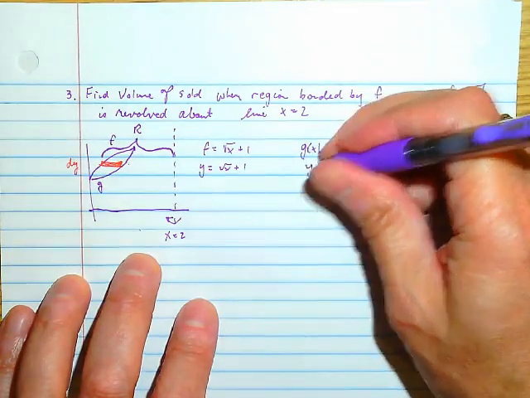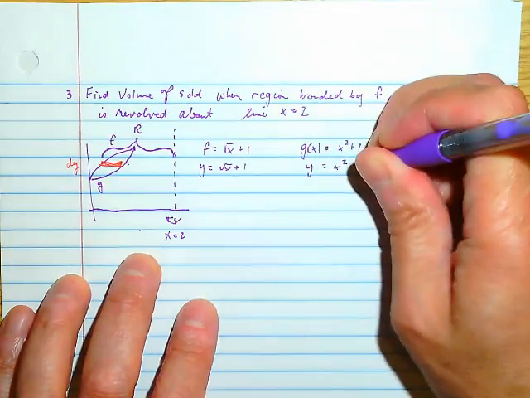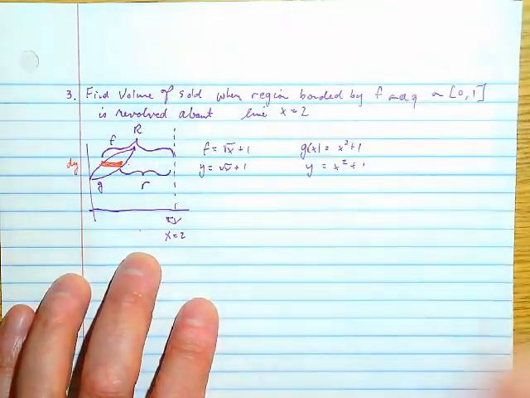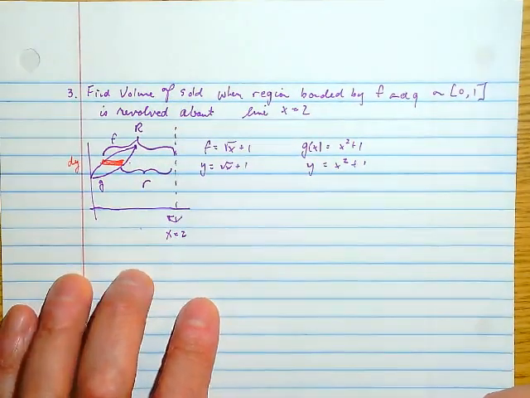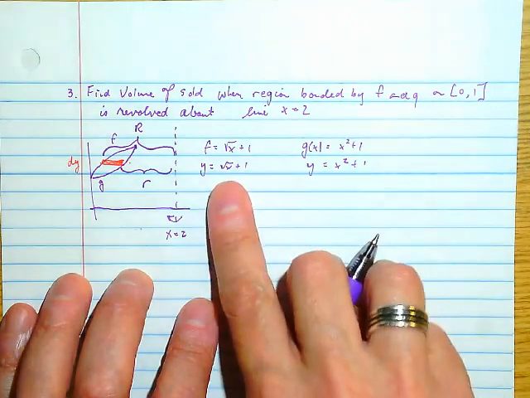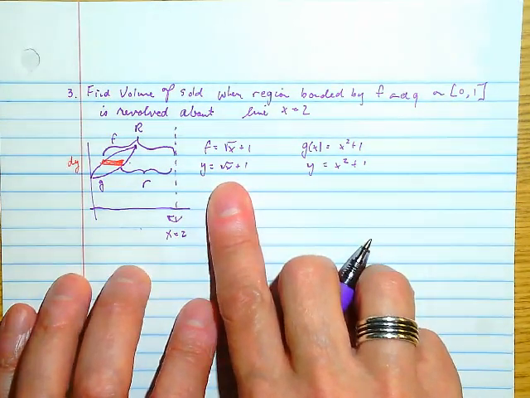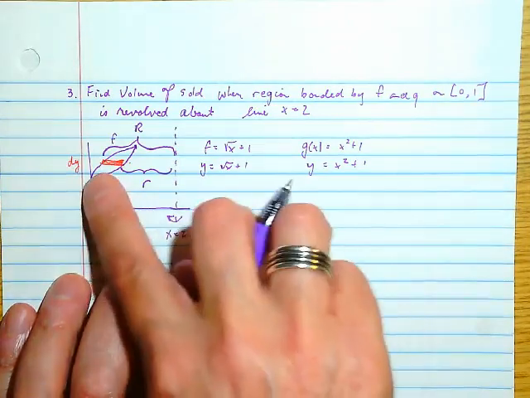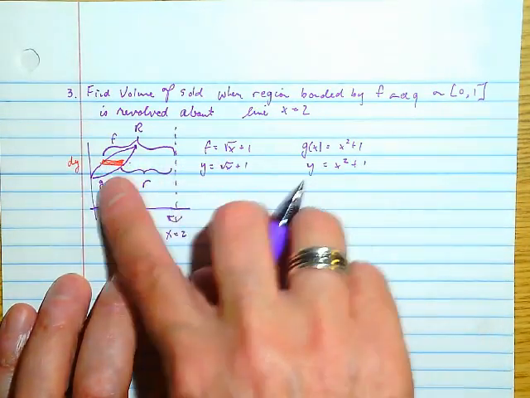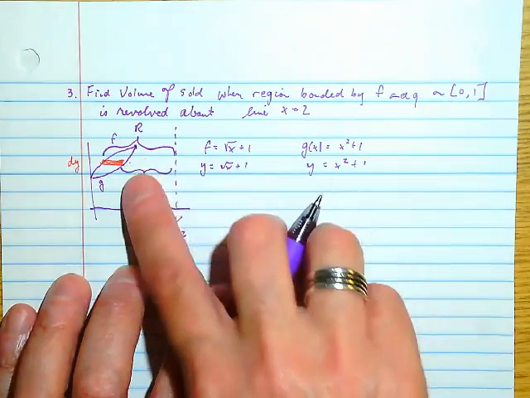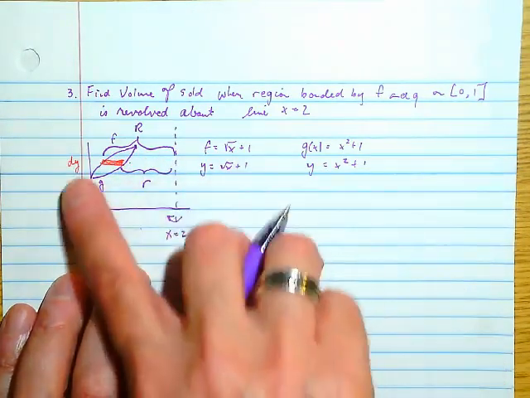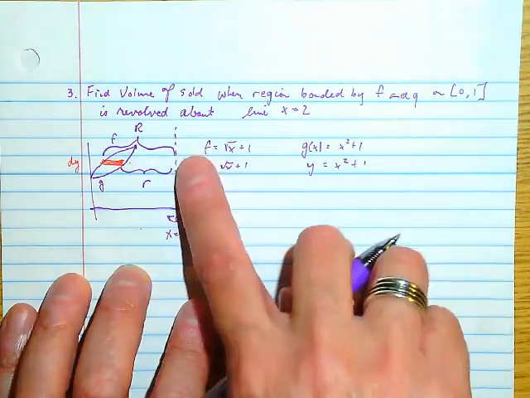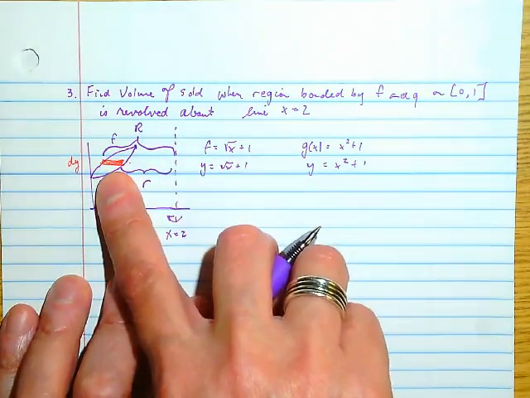So, in other words, y equals x squared plus 1. That's going to be my inside function, isn't it? There it is, little r. Okay? So if y equals x squared plus 1, I need to solve for that. So I'm going to subtract 1 from both sides and solve for x. Remember, this is an x value as a function of y. The x changes as a function of y. Why is that important? It needs to be a function of y because I've set up my problem to be rotating around a vertical axis. So this has to be perpendicular to that.